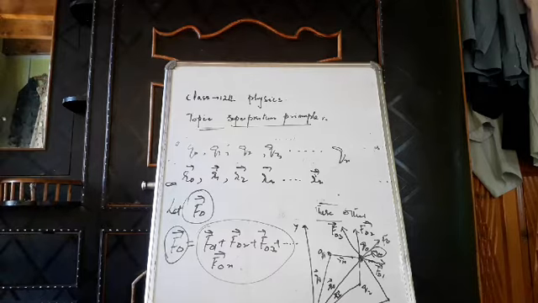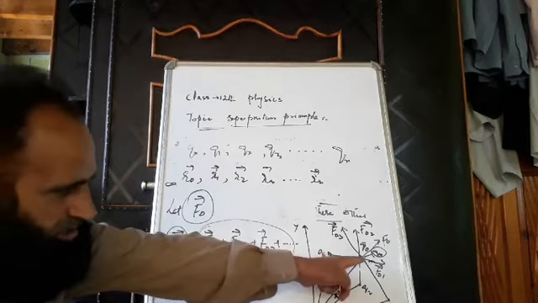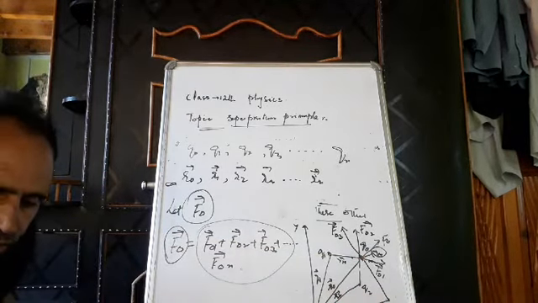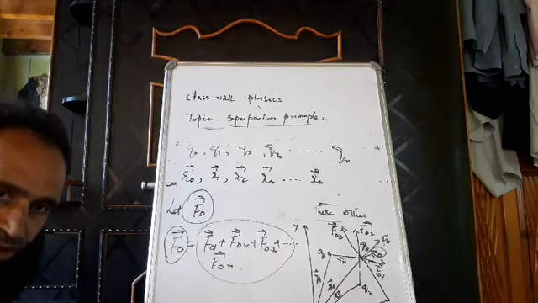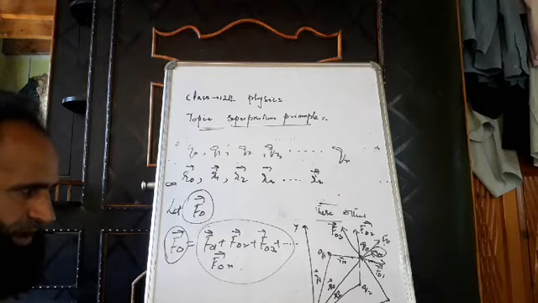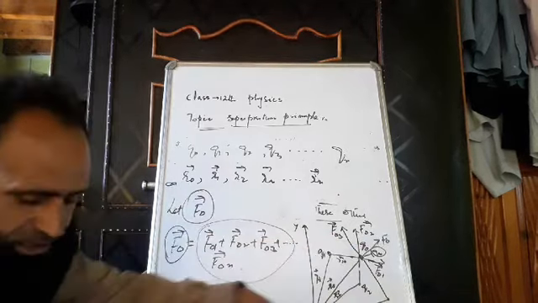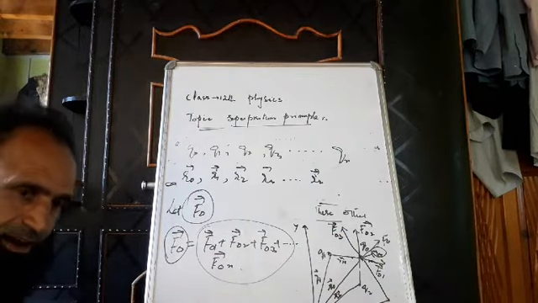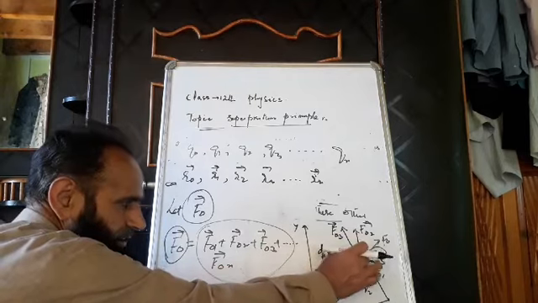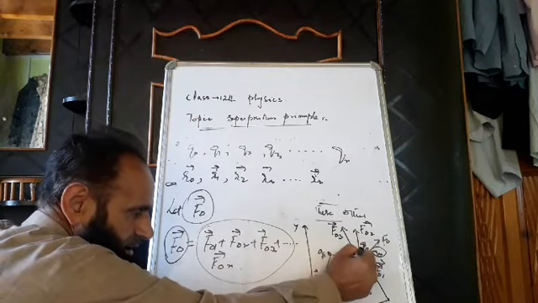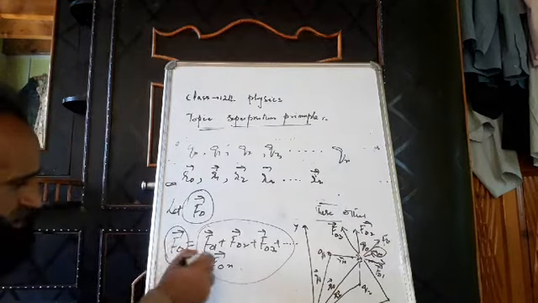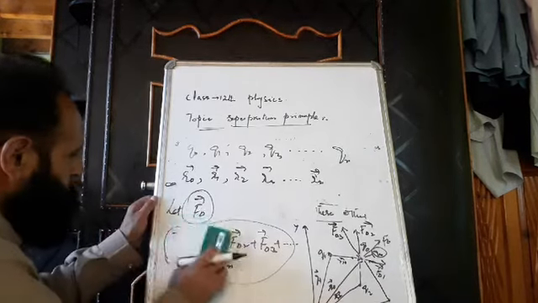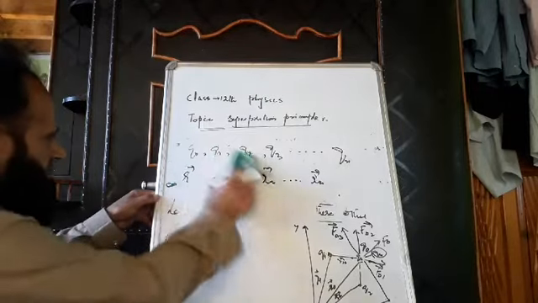Or in other words, it states that the electric force experienced by a charge due to other charges is the vector sum of the electric forces acting on it, acting on this test charge Q0, due to other charges. Okay. Let us show this in mathematics.